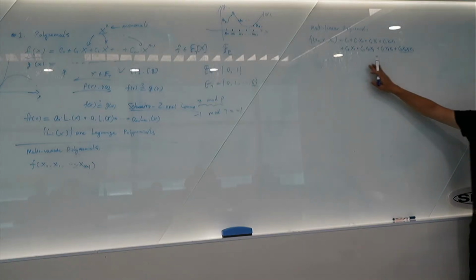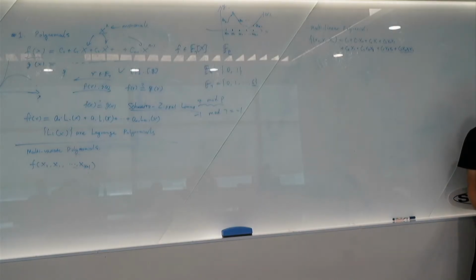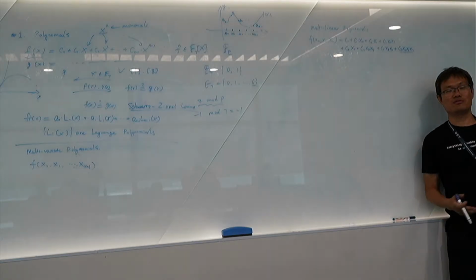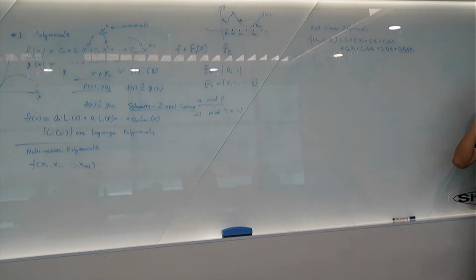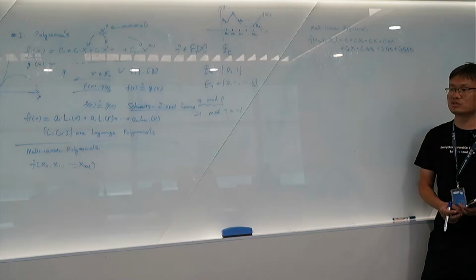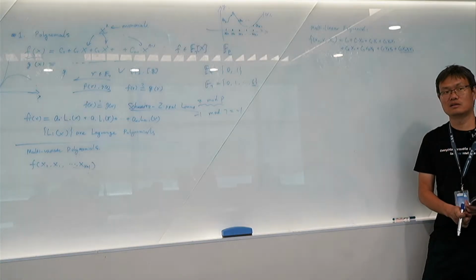This polynomial is another way to encode a very long vector. But here we use 3 variables. For example, if we want to encode a 1 million element vector, then we have to use log n variables.